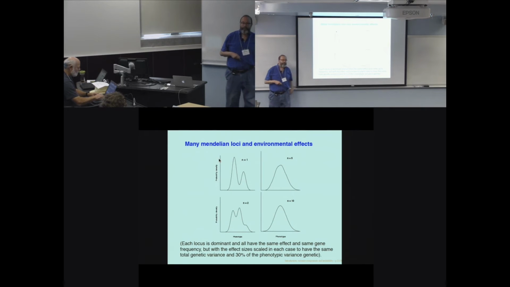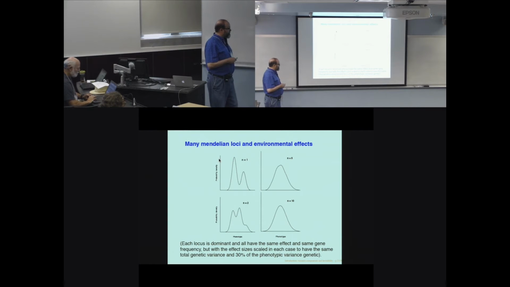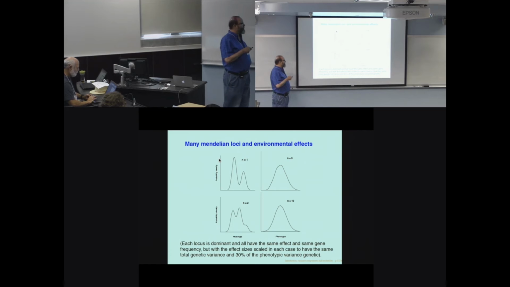I've scaled these so that the total variance of the trait is the same in all 4 of these cases, and I've scaled them so that the environmental variance is 30% of the total variance.